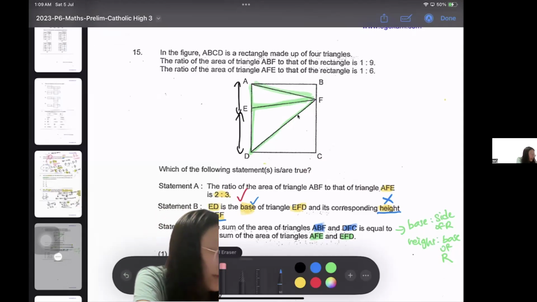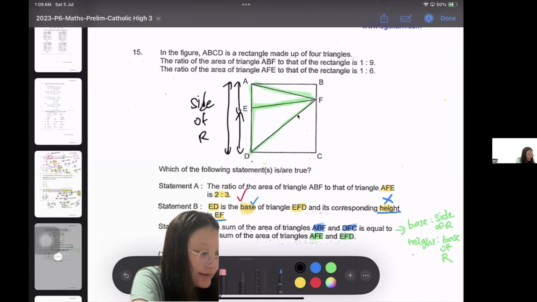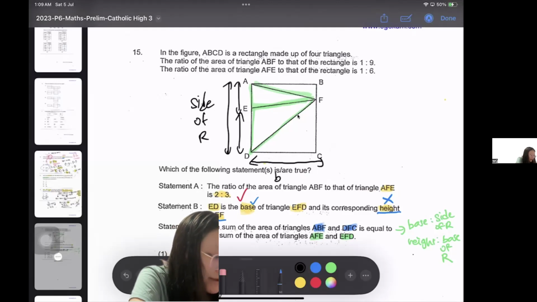Do you realize that the two of these added up is also the entire side of the rectangle? And what about their height? You see, both triangles reach from the bottom all the way to the top of the rectangle. So their height is also the same, which is the base of the rectangle.